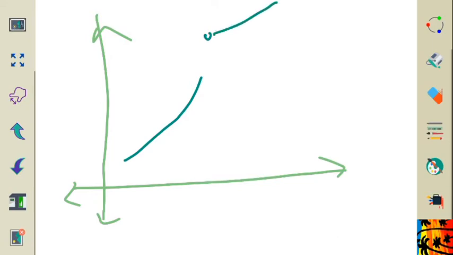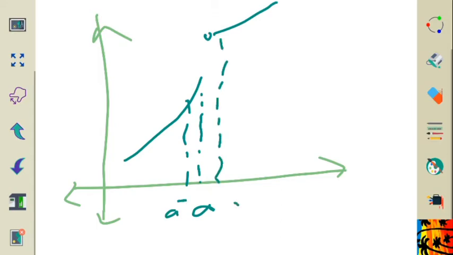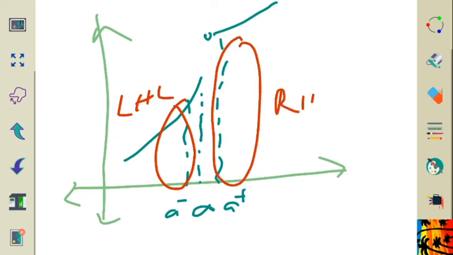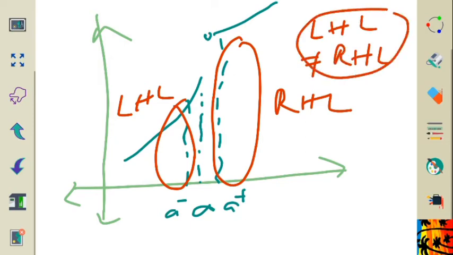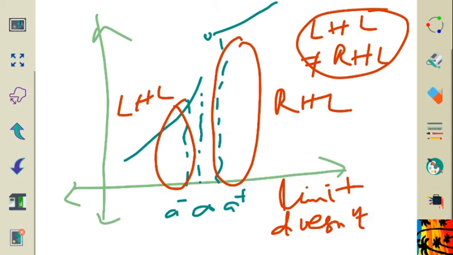Now suppose I say this point is a, so this height will be called a minus, that is LHL, and this height will be called a plus. Clear? So here you see, this height is called LHL and this height is called RHL, and clearly here LHL is not equal to RHL, hence here the function is said to have no limit. So limit doesn't exist, right?